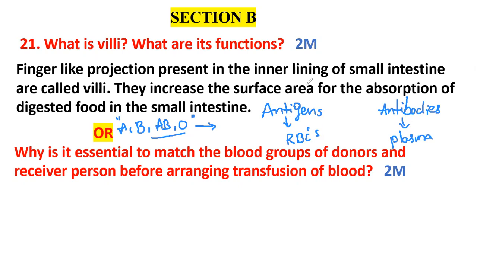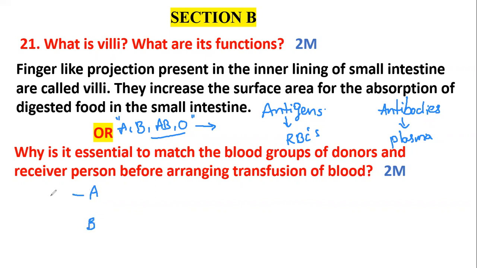These are the proteins present on RBCs, antigens, and antibodies in plasma. Depending on the antigens and antibodies present, the ABO classification was done. Now we will understand why we cannot receive blood from an unmatched person.